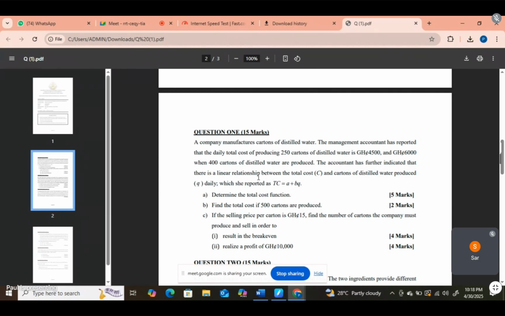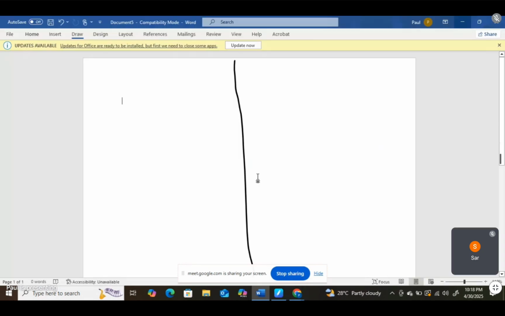Please, when you hear total cost, what comes to mind? Total cost. You see, I told you total cost has to do with what? Variable cost plus fixed cost.